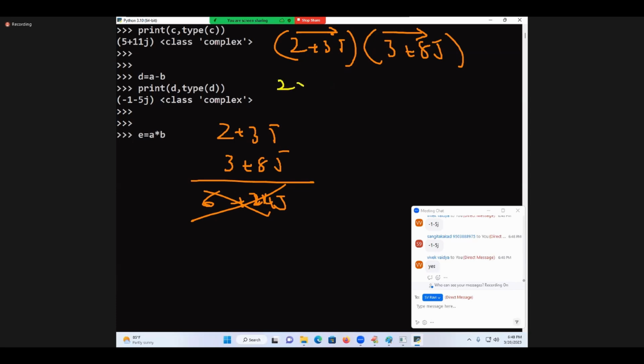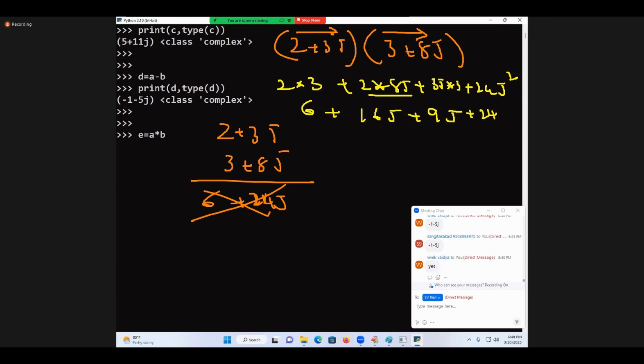So 2 into 3 plus 2 into 8j plus 3j into 3 plus 24j square. Okay now? 6 plus 16j plus 9j plus 24 of minus 1. Some people will get doubt why this minus 1 is.